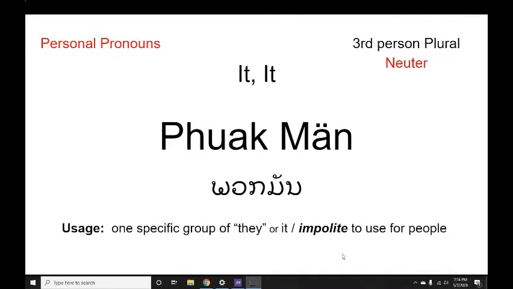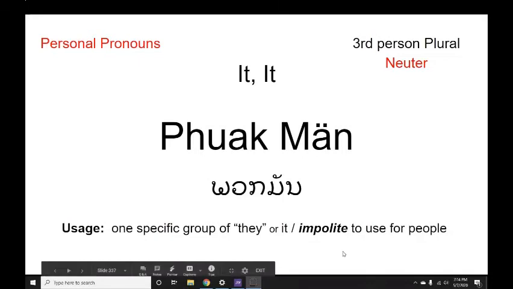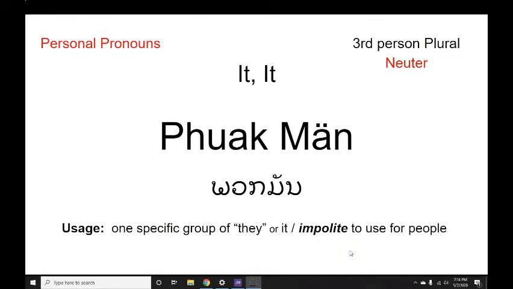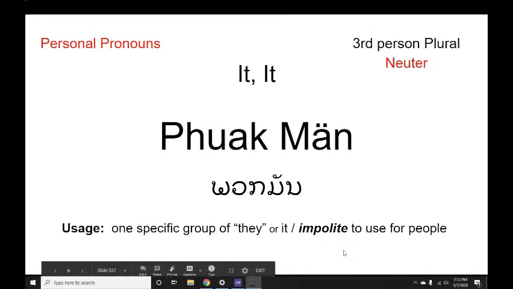Okay? It, more than one it. But again, impolite to use for people, so do not use this for people, because again, in the Bible, you will find that puak man is a word that's reference to the demons. So you don't want to use this with people. Animals, okay. Things, okay, but not people. Is very impolite.